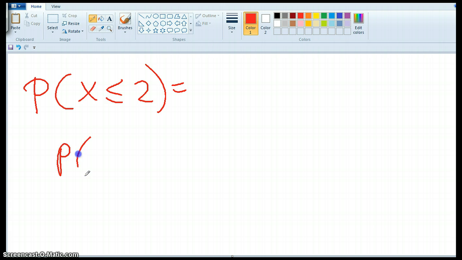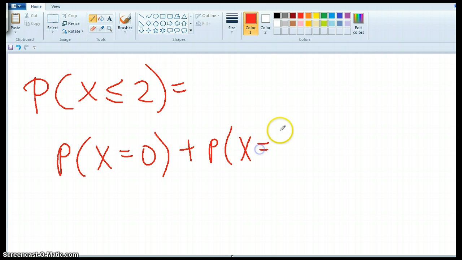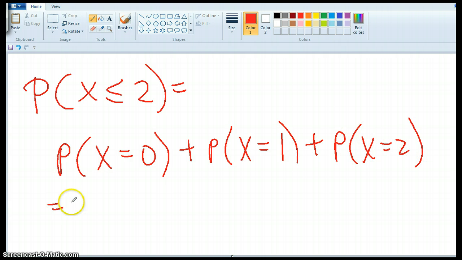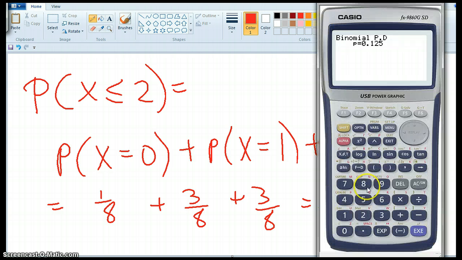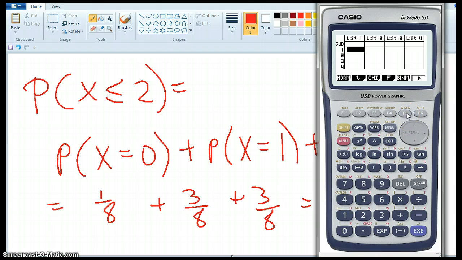That's going to be the probability of x equal to 0 plus the probability of x equal to 1 plus the probability of x equal to 2. So that's 1/8 plus 3/8 plus 3/8, so it's 7/8.